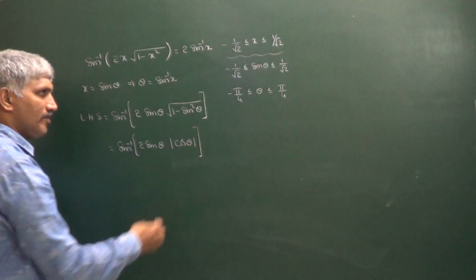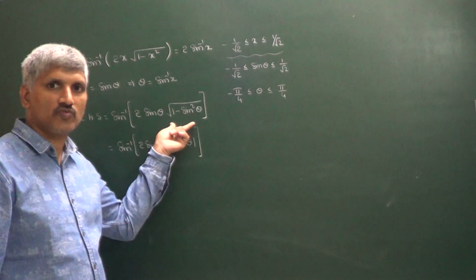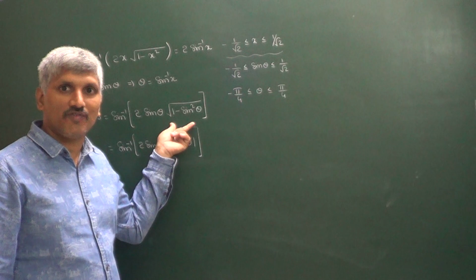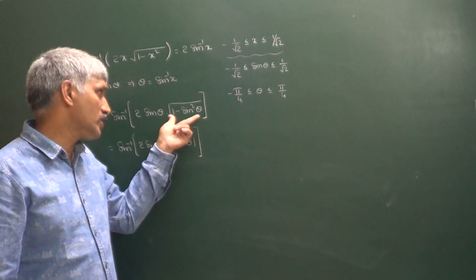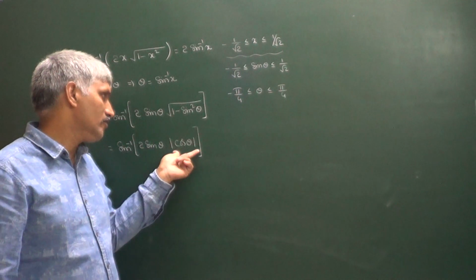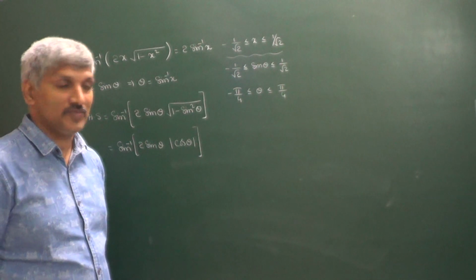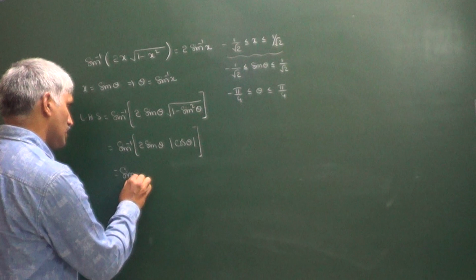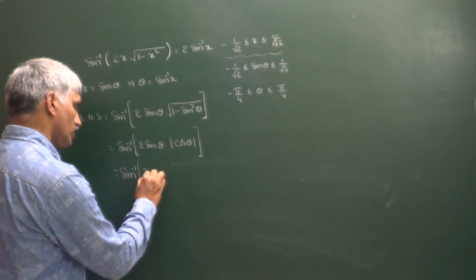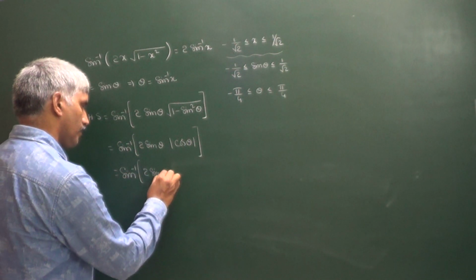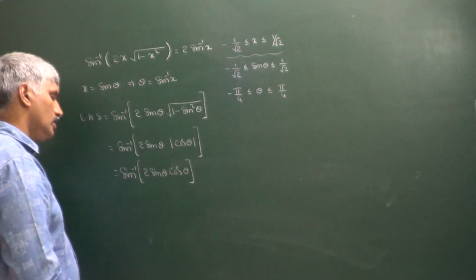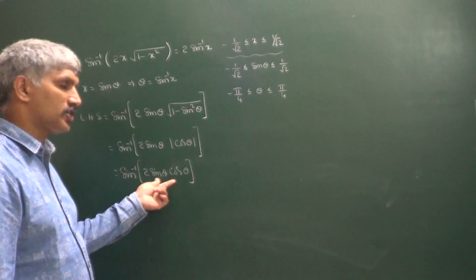Agree or not? Because root of 1 minus sine square theta is root of cos square theta, and root of x square we have to write as mod x. That's why root of cos square theta we write as mod cos theta. Next step, sine inverse of 2 sine theta cos theta.